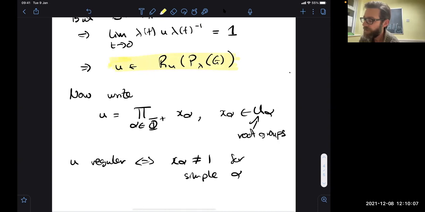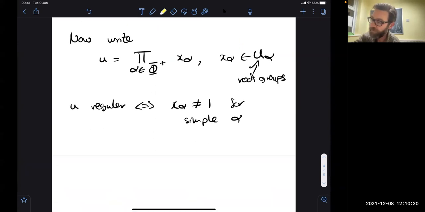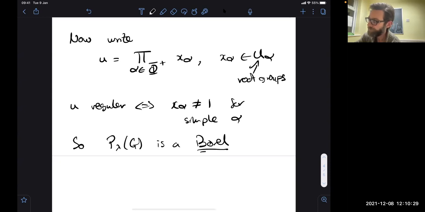That says the unipotent radical of this parabolic sees each of the simple roots. And the only parabolics that see every simple root in their unipotent radical are the Borel subgroups. Okay. So in fact, P lambda of G is still a Borel subgroup.